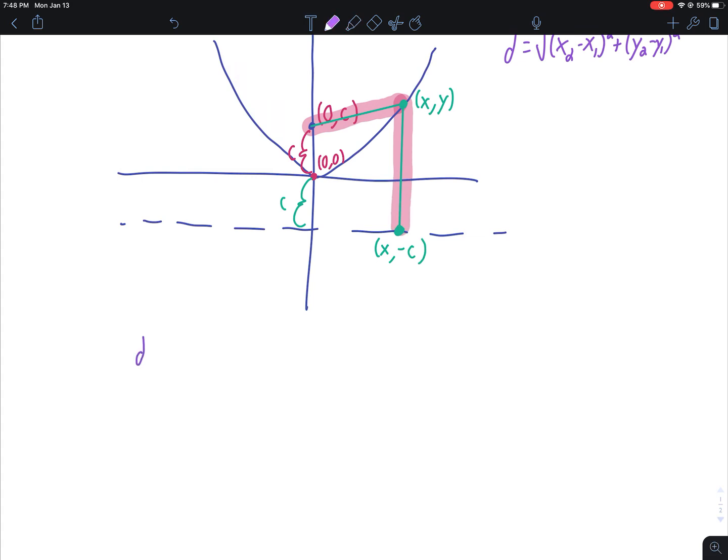So we can say the distance from the point (0, c) to the point (x, y) has to equal the distance from the point (x, y) to the point (x, -c).